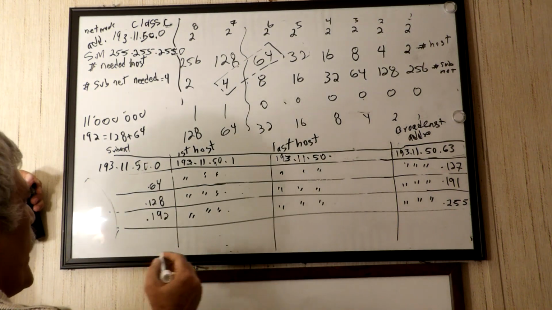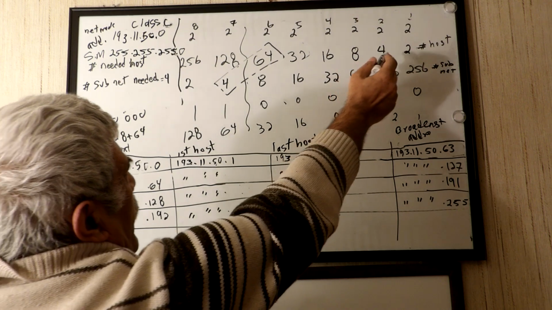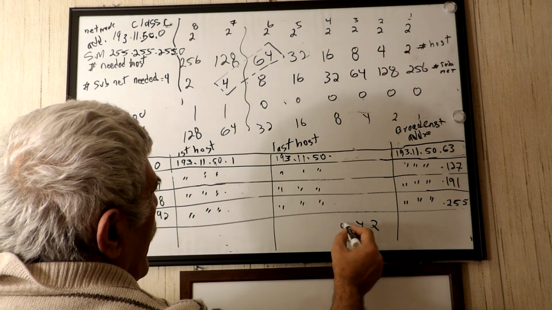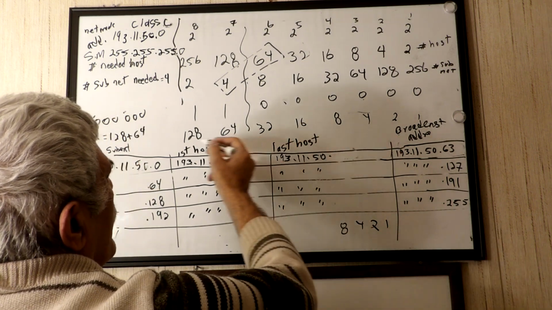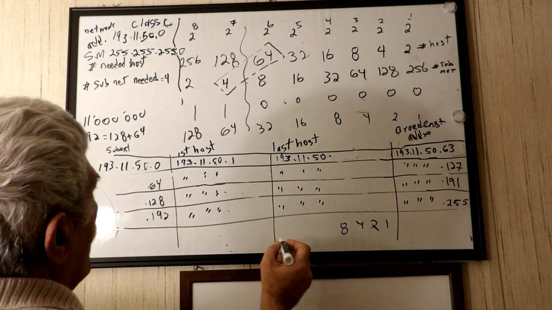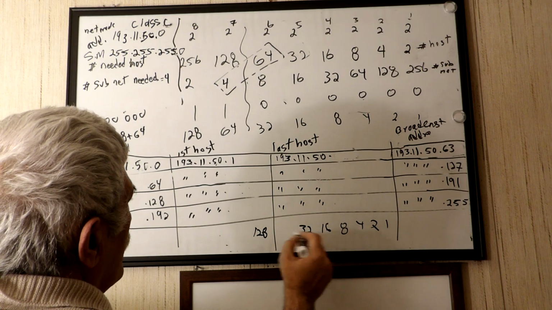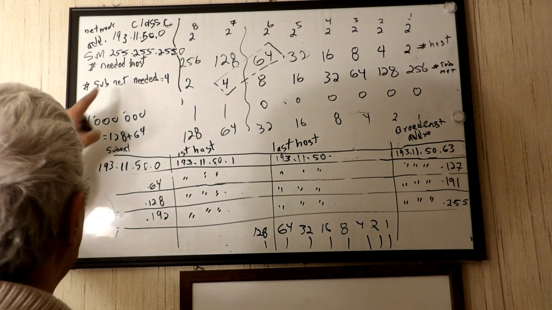255, we talked about in binary: 1, 2, 4, 8, 16, up to 128, and 32, 64. If all of them are 1, then it's 255.